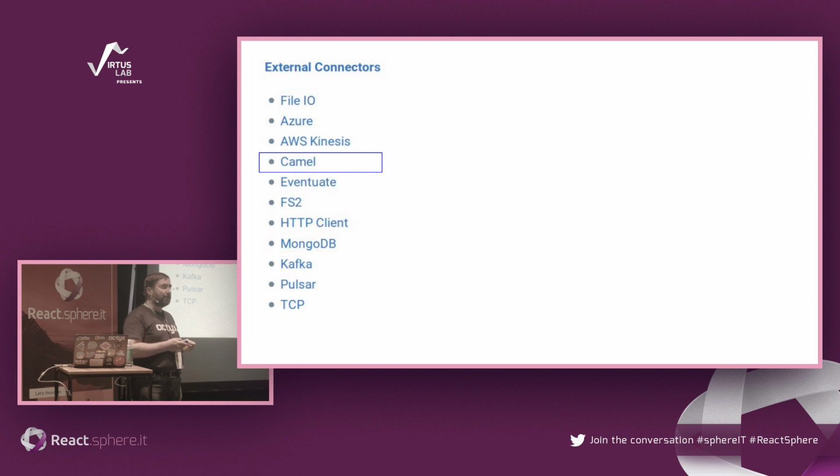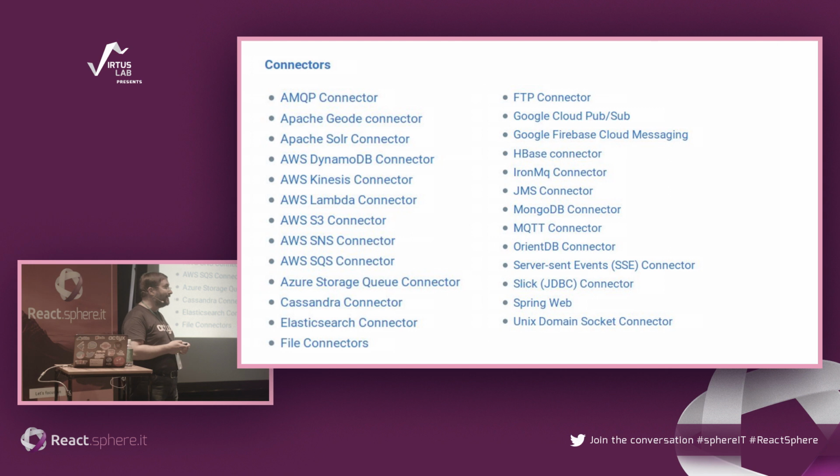So the Camel connectors are not the best connectors for your Akka Streams stuff. So if you want to connect to Akka Streams, this is what the Alpakka project introduced. These are native connectors that enable you to connect natively with Akka Streams.